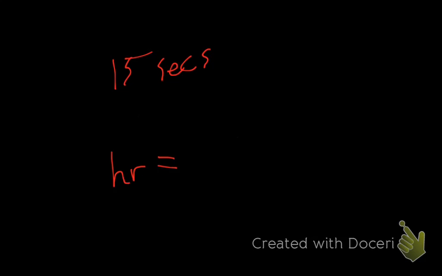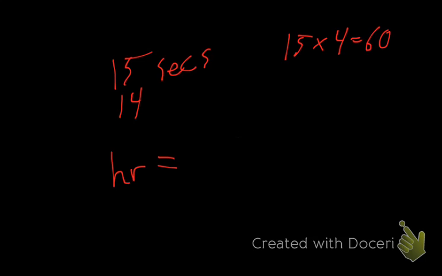So your heart rate would be out of 60 seconds total, but you just counted, let's say, 14 beats in 15 seconds. Well, you're going to take 15 times 4 gets you to 60, doesn't it? And so we want to know however many beats you have in 1 minute.